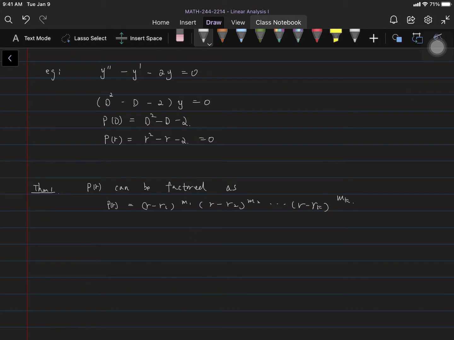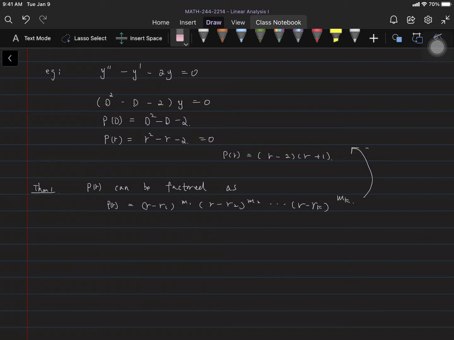If we look at our example, P(r), if we factor it out, is (r minus 2)(r plus 1). The m1, m2 are multiplicities. They both are 1, so the powers are both 1. But sometimes they may be different powers. In the general case, it's just this way.